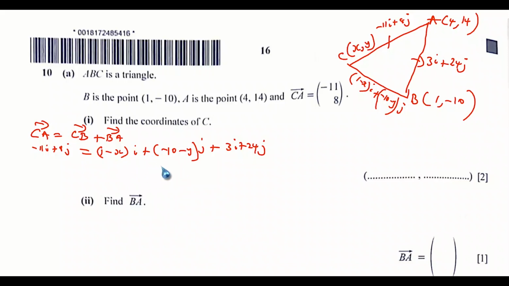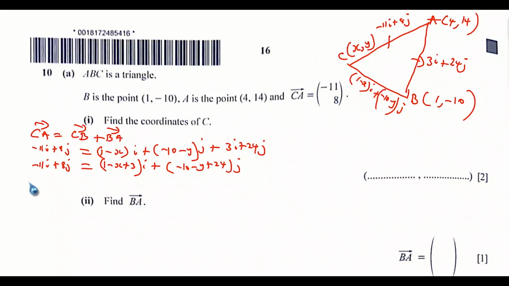So you need to collect like terms here. We're going to have minus 11i plus 8j on the left hand side equals 1 minus x plus 3, into i, because they are like terms. Then plus open brackets minus 10 minus y, plus 24, into j.